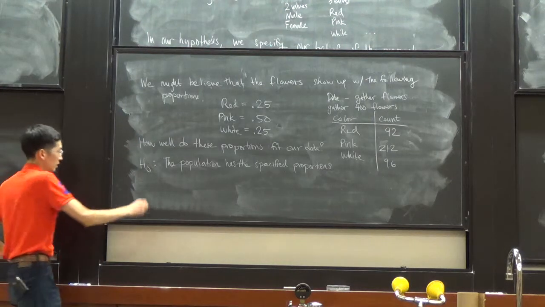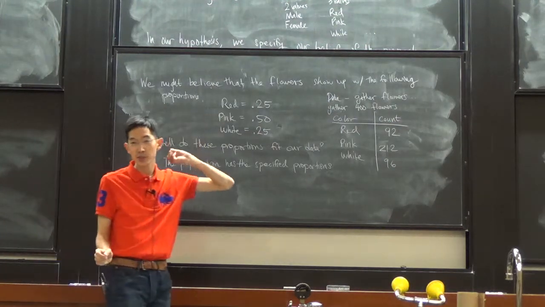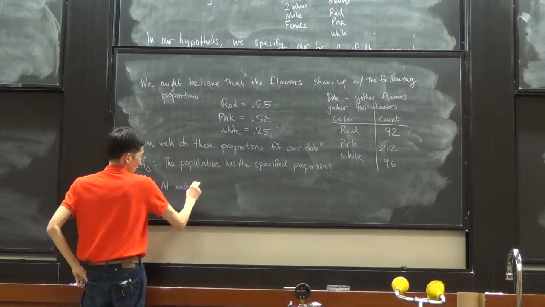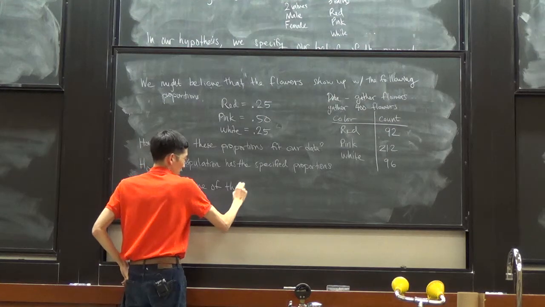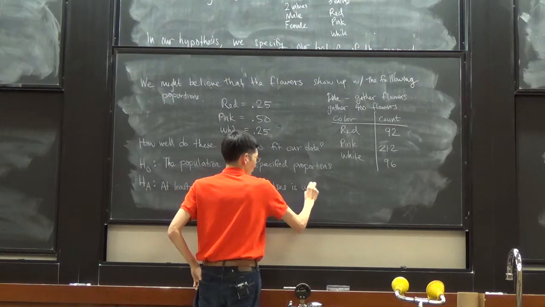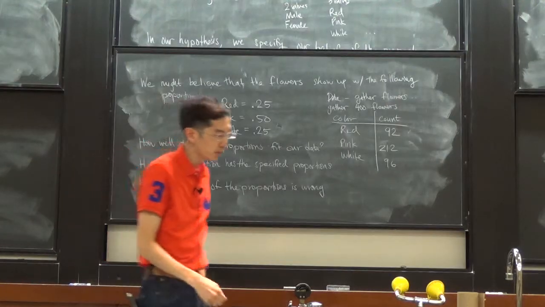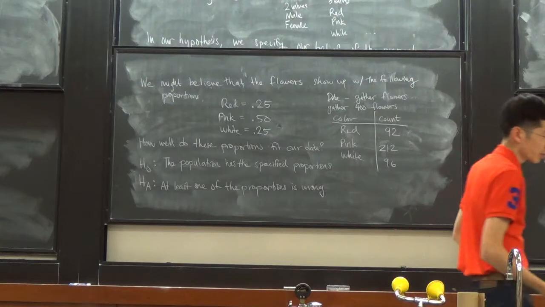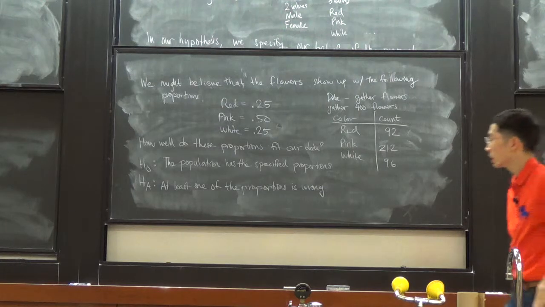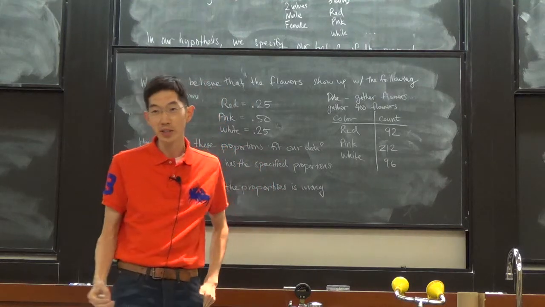And the alternative is that at least one of the proportions is wrong. We're not specifying which proportion is wrong, we're just saying at least one of these proportions is wrong. Would that indicate that the other proportions are wrong? Yes, but it avoids saying which of the other proportions are wrong.